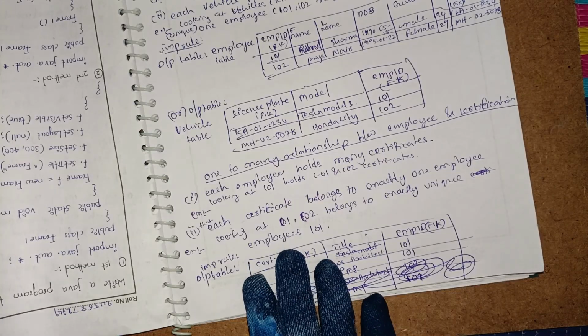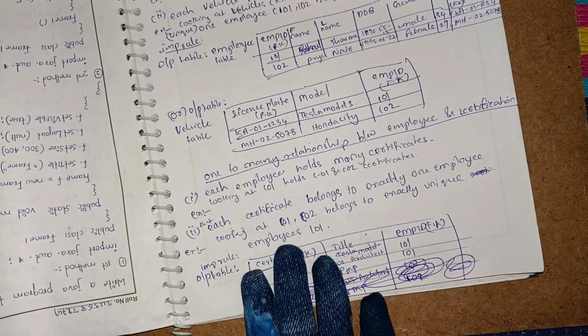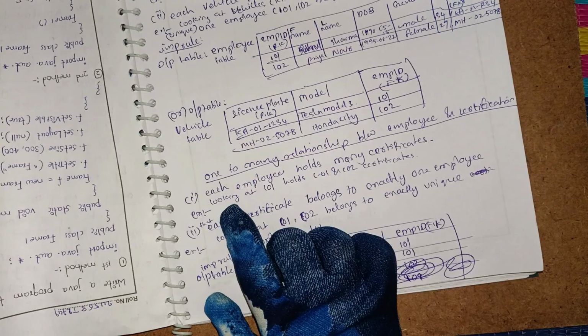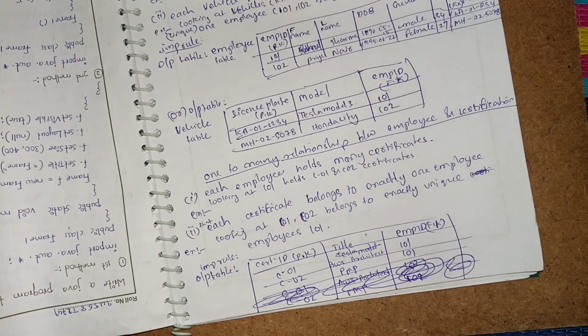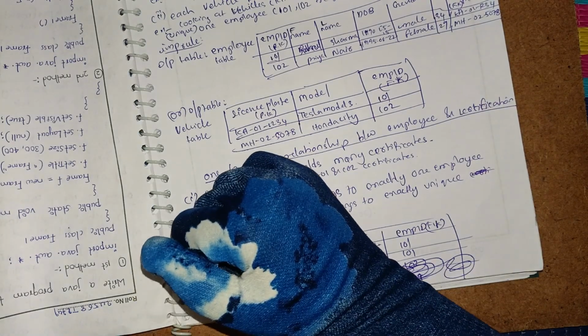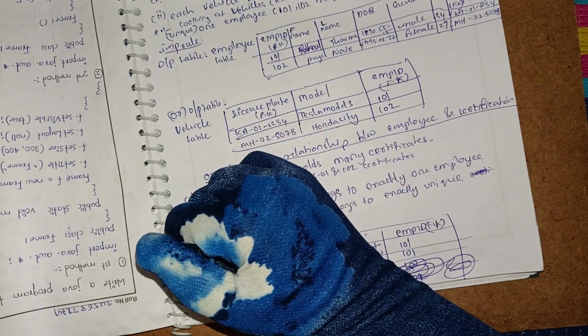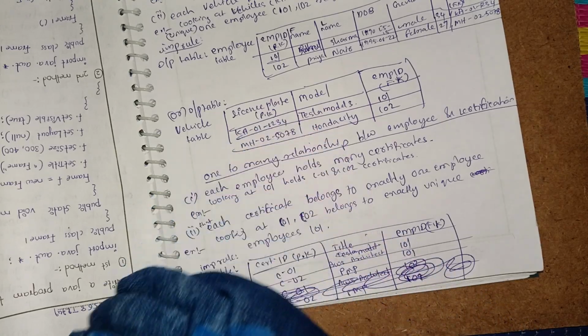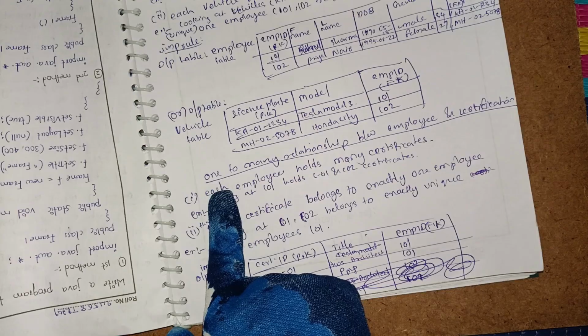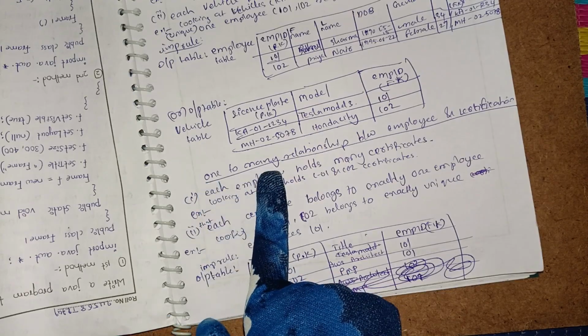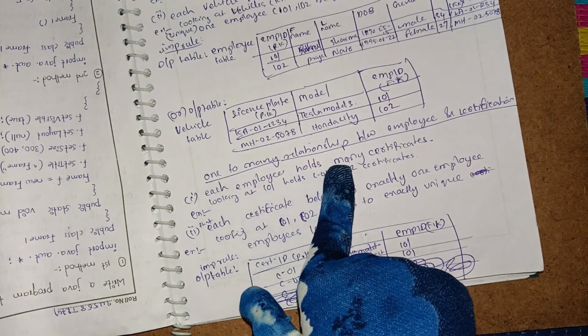So one to many definition in the relational data model is each row in the first table relates to multiple rows in the second table, and each row in the second table relates to exactly one row in the first table. So we are establishing a statement from left to right, that is one to many. Each employee holds many certificates.